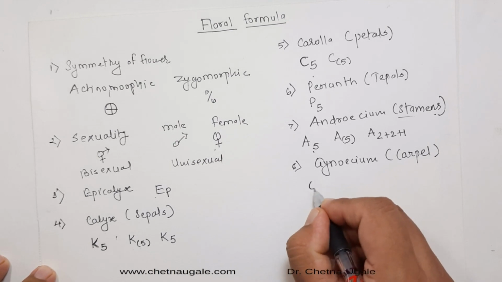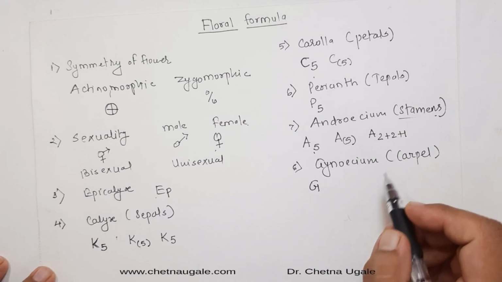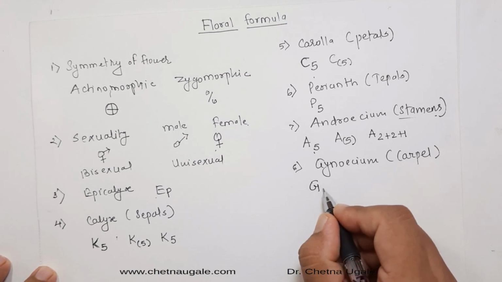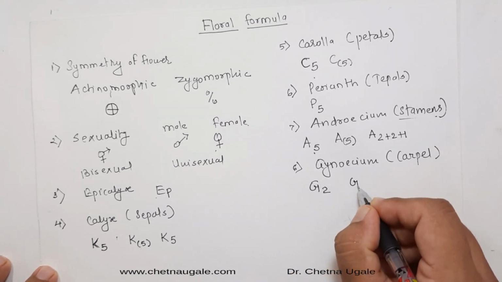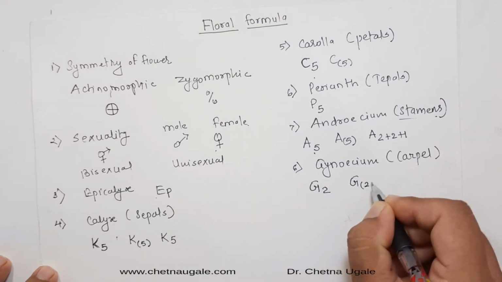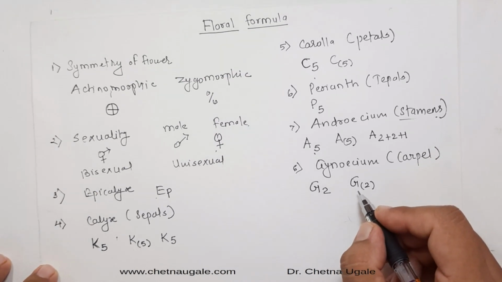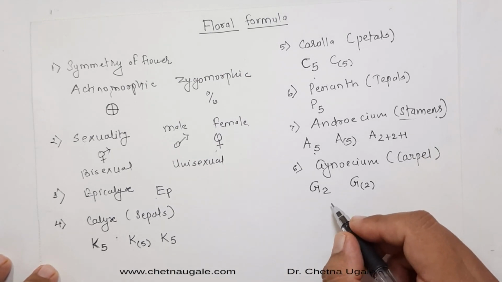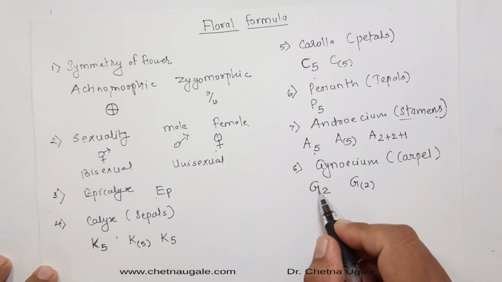The gynoecium is represented by the capital G, and the number of carpels is written as a subscript to the capital G. When the carpels are fused to each other, then the number is written in parentheses, and the fused carpel condition is generally termed the syncarpous condition. When the carpels are free, that is apocarpous or polycarpous, then the number is written simply as a subscript to the capital G.